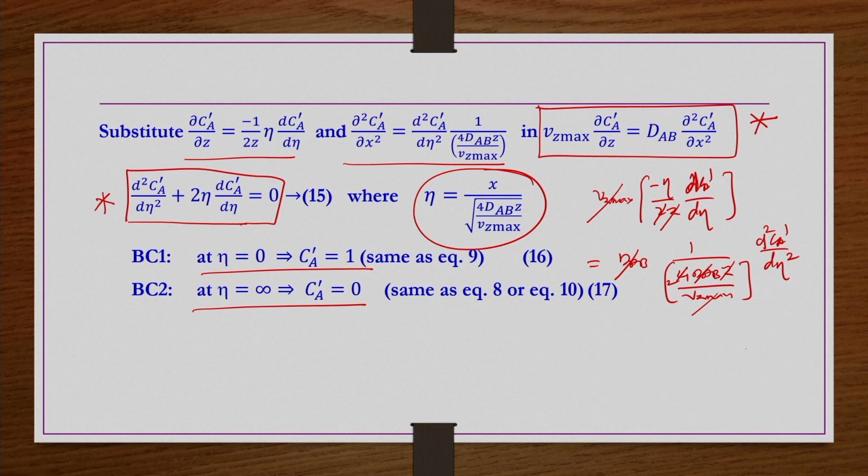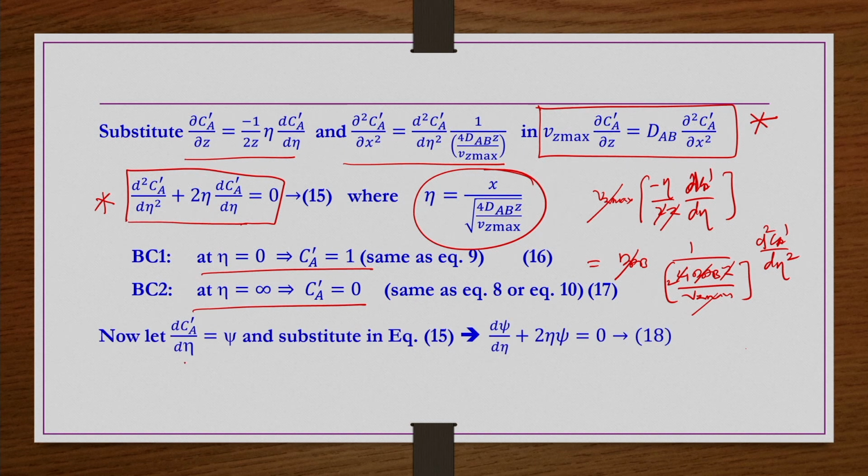So, now this equation number 15 we have to solve using the boundary conditions given in equations number 16 and 17. So, let us say you take dCa' by dη equal to ψ, then we have dψ by dη plus 2ηψ is equal to 0, right.